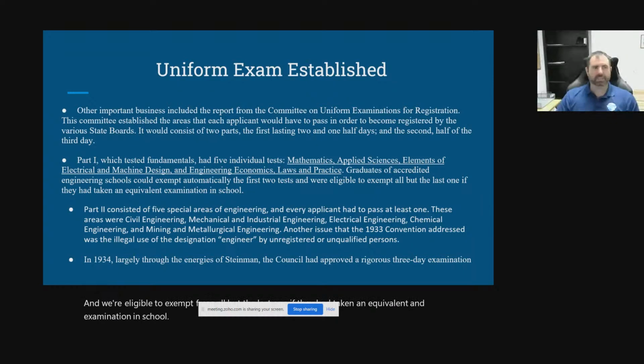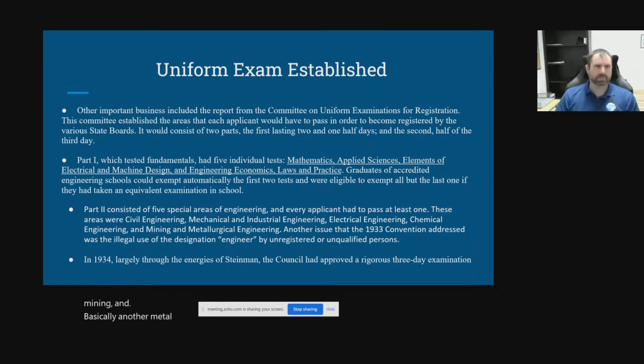Part 2 consisted of 5 special areas of engineering, and every applicant had to pass at least one. These were civil, mechanical, industrial, electrical, chemical engineering, and mining, and basically another, metallurgical engineering.